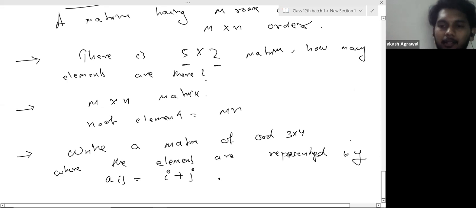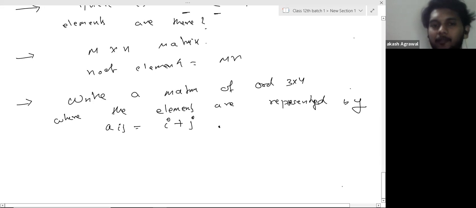Think about this. Ask me if you have any doubts and try to solve this one. You have to form a matrix of order 3 by 4. That means 3 rows and 4 columns, where each element is represented by Aij, which equals i plus j. I hope you got the question.